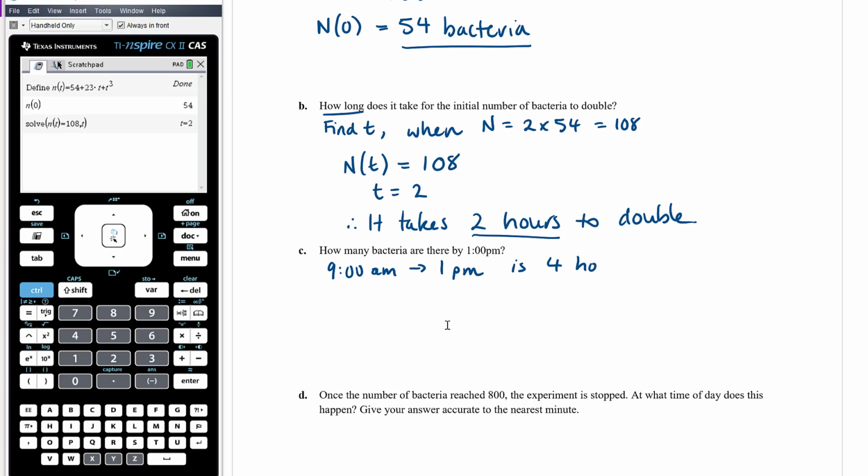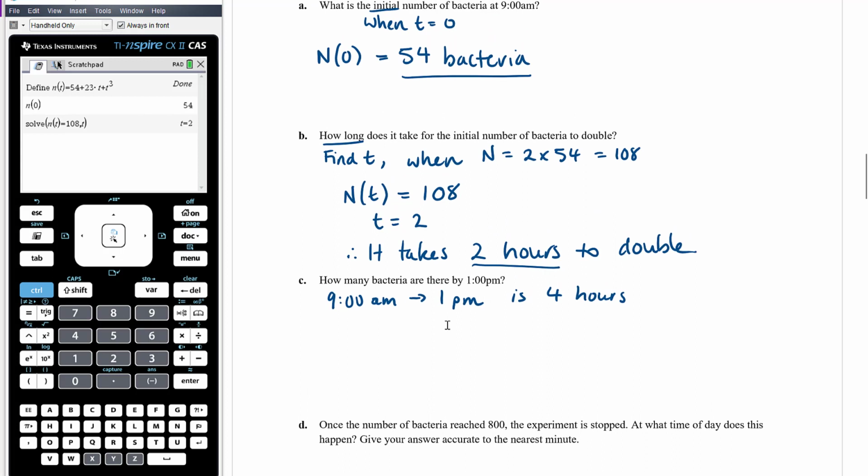I think 9, 10, 11, 12, 1. Yep, get your fingers out if you need to. So it's 4 hours. So we want to know how many bacteria are there after 4 hours. So we want to know n of 4. When t equals 4, what's n? Again, over to my CAS, n of 4, 210.